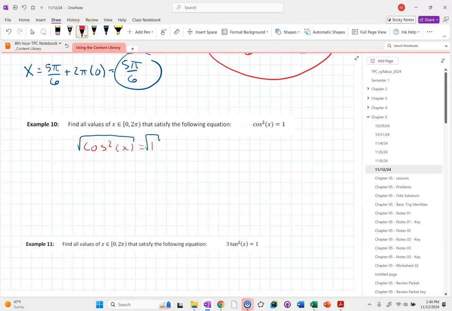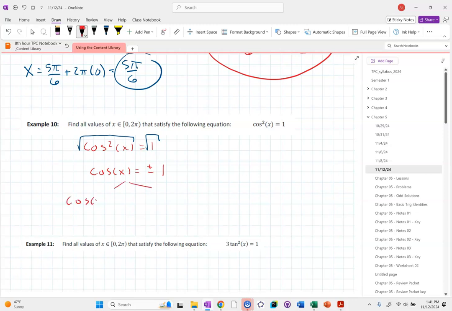What do I have to remember when I square root both sides of an equation? Yes. So the square root of 1 is 1, but because we did the square root to both sides, got to have that plus or minus there also. Everybody feel okay? All right. Now, there's no plus or minus 1 on the unit circle.